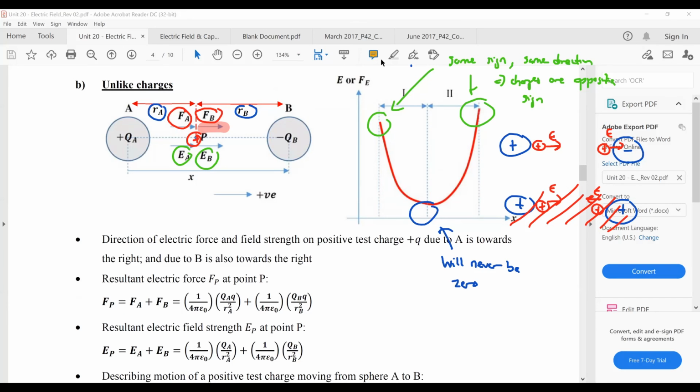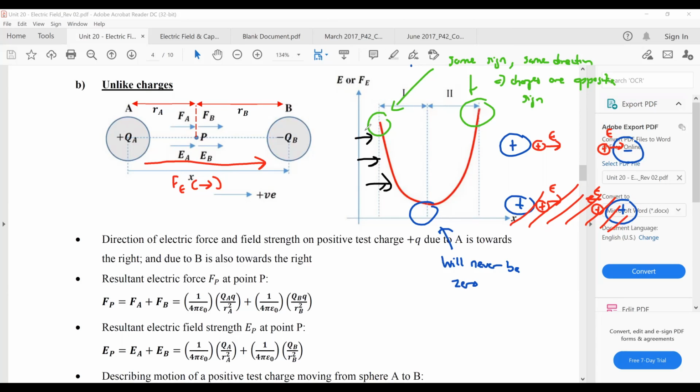Now, when you are moving from here to here, if I'm talking about just the electric force, there will never be a case where my electric force is 0, as I mentioned to you here. When I move from here all the way to here, my FE will always be in the same direction. But the magnitude, you will notice, will keep changing.